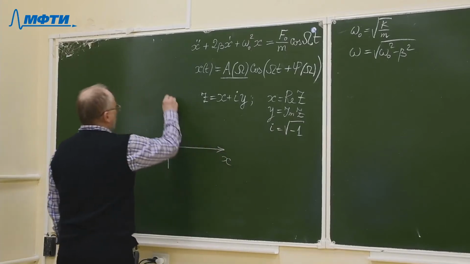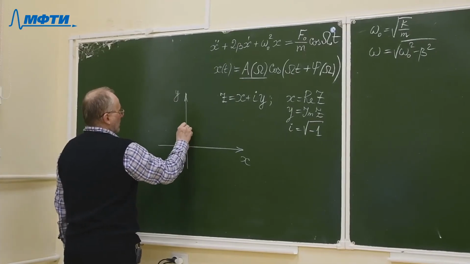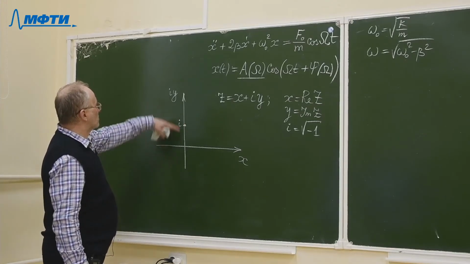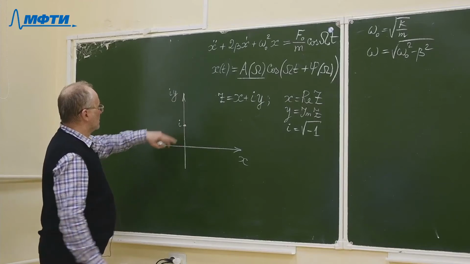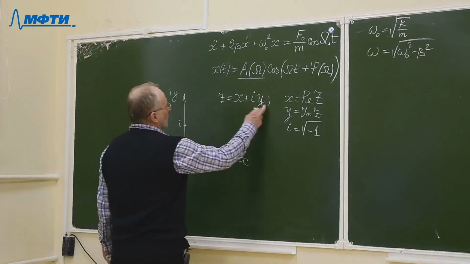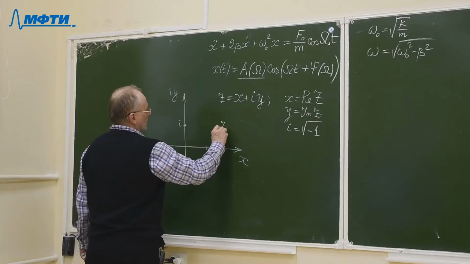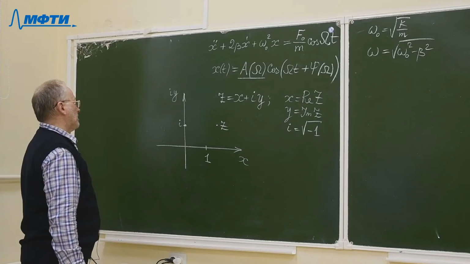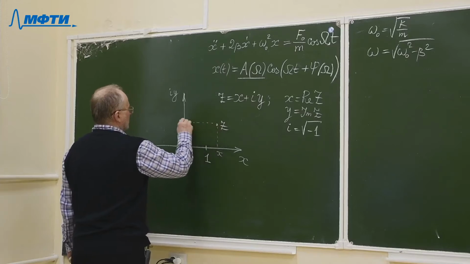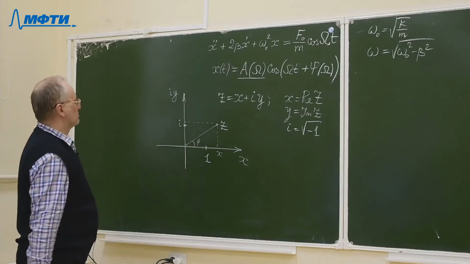So a complex number can be presented on a plane, which if we choose xy plane, and this will be not merely y, but imaginary axis, so that instead of unit we have imaginary unit i here, and then any complex number x plus i y may be presented as a dot on such a plane, so that this will be its x coordinate and that will be its y coordinate, and also there will be some phase of this complex number.